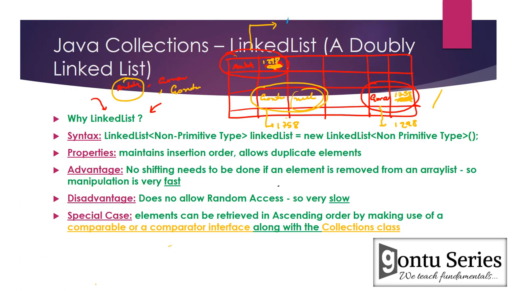So this is one node, this is another node, and this is another node. In a linked list, this node points to another node, and this node points to another node, and this node points to another node. Because there is no further node, this node is pointing to null. Null means there is no further node to that.